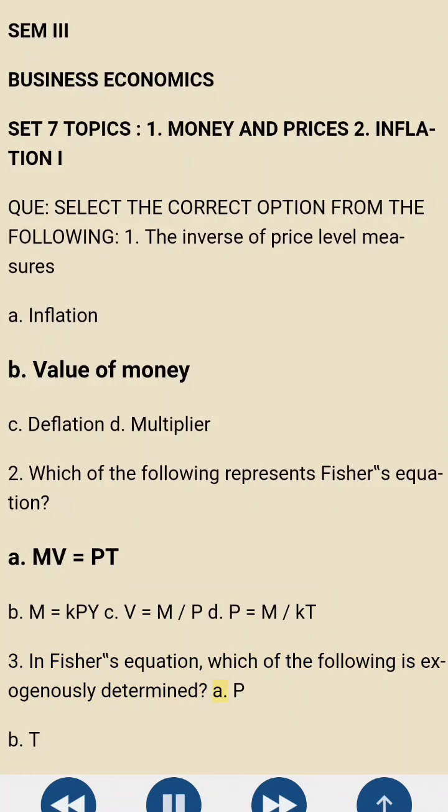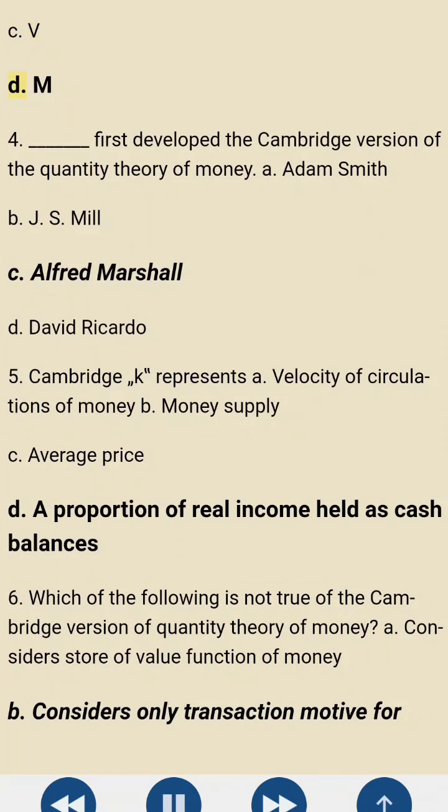A. P. B. T. C. V. D. M. 4. Blank first developed the Cambridge version of the quantity theory of money. A. Adam Smith. B. J. S. Mill. C. Alfred Marshall. D. David Ricardo.